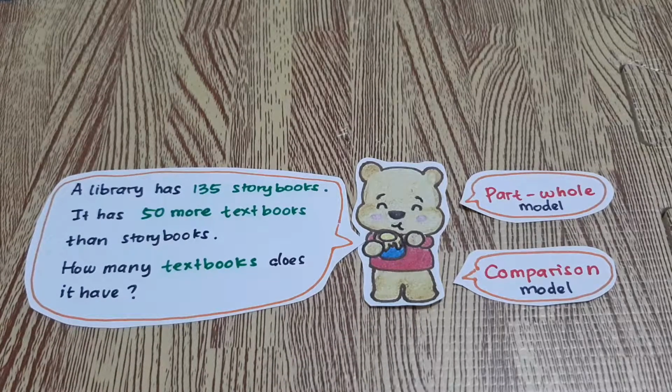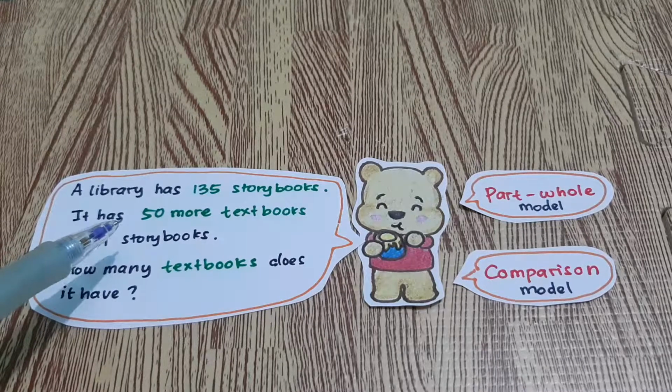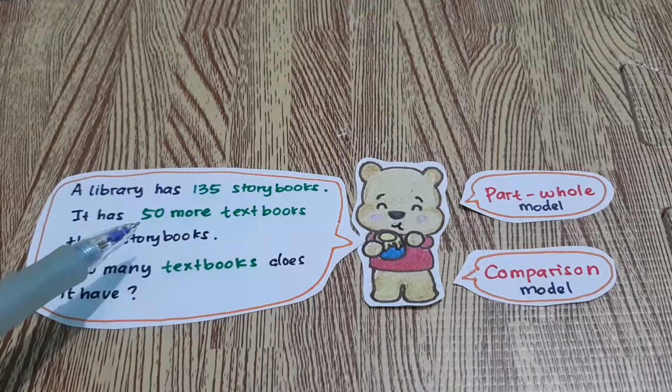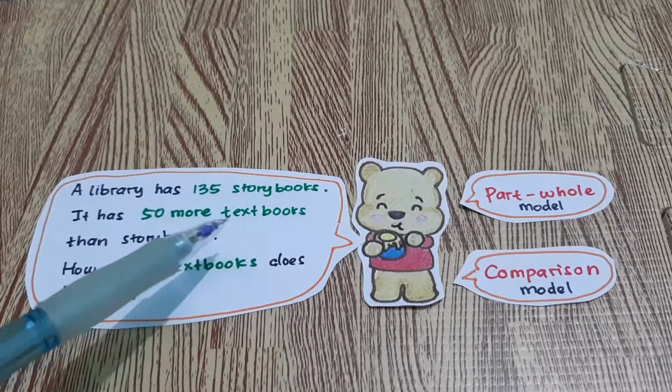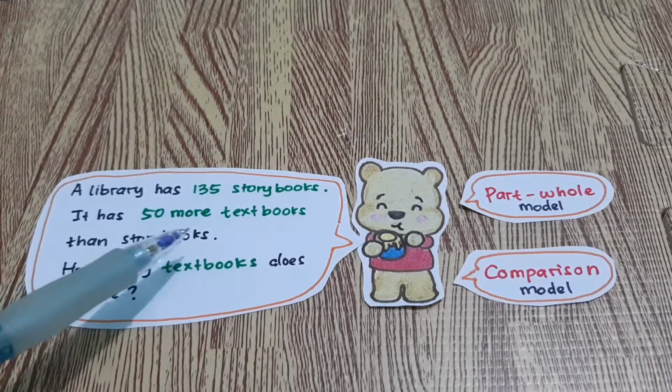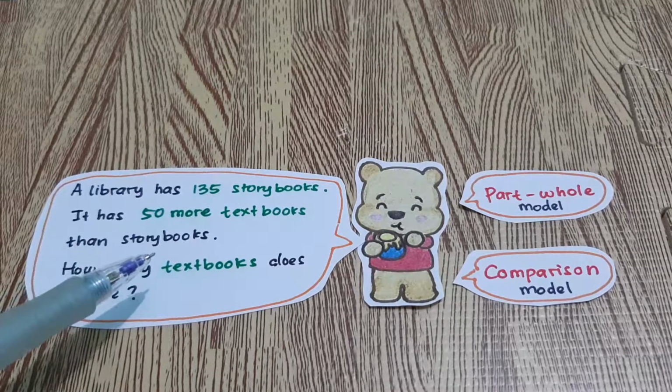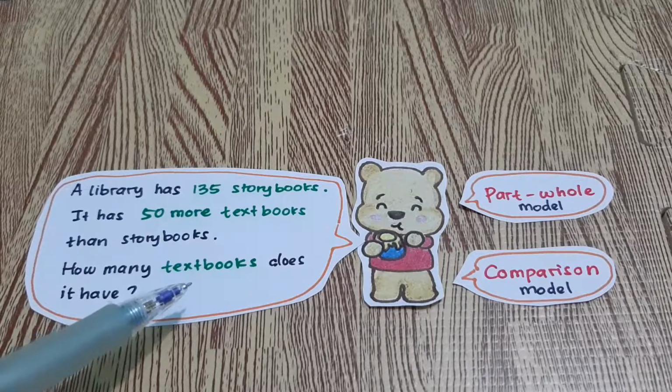Let's read the question. How many textbooks does it have? Okay, so the 50 here, you have to be careful. The 50 here is not the number of textbooks, but 50 more than storybooks. So we don't know how many textbooks yet. So how do we find out?